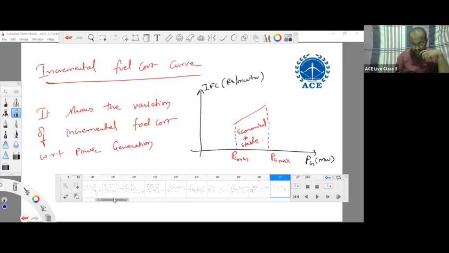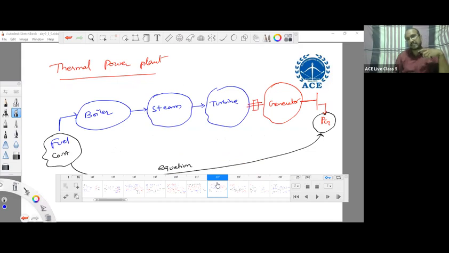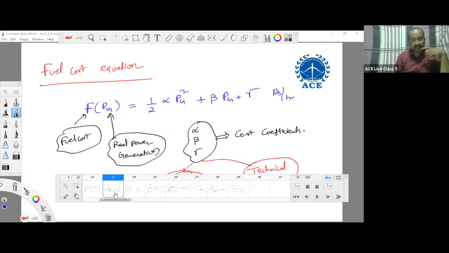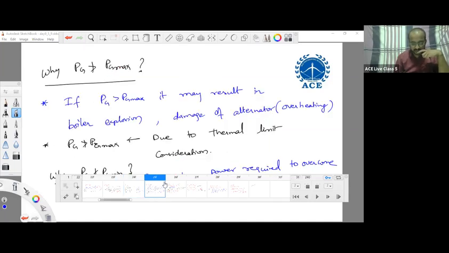Now we have seen this fuel cost equation in the case of a thermal power plant. The fuel cost equation is an equation which shows the fuel cost variation with respect to real power generation. Here the fuel cost is indicated in rupees per hour. The fuel cost curve shows the variation of fuel cost with respect to real power generation.